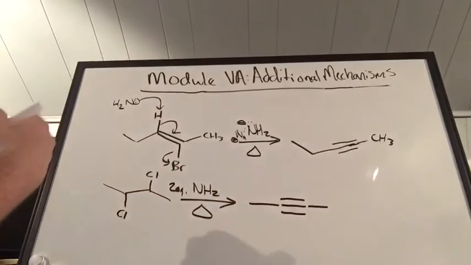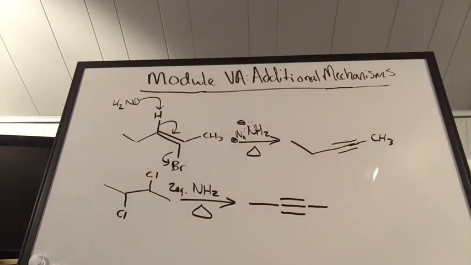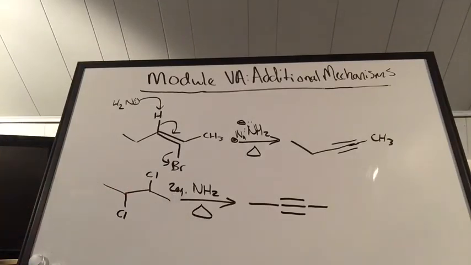Okay. So in other words, what is it? 2-butyne, or but-2-yne. Okay, so two equivalents of Cl minus have split off, and you'll have two equivalents of NH3 there.